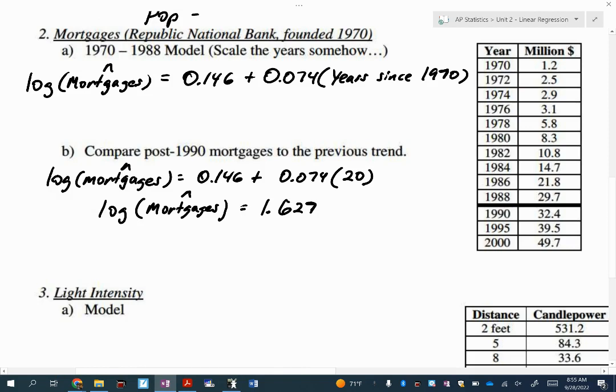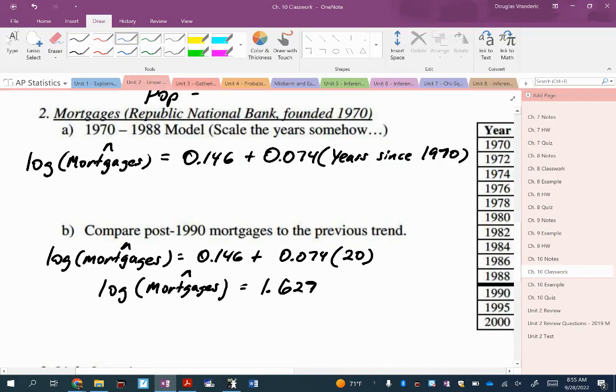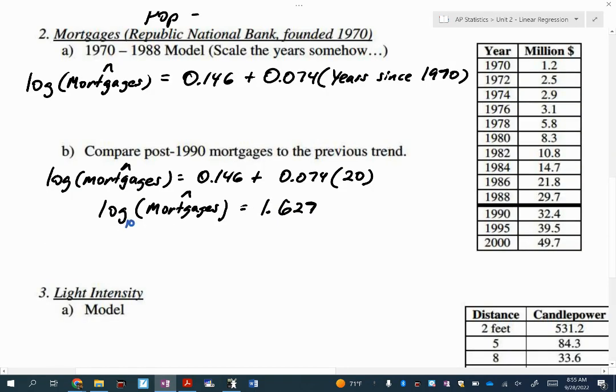So if you remember how to get just mortgages hat by itself, essentially to get rid of the log, we have to, which I'd love to say is we have to swoop. So if this is log base 10 of mortgages equals 1.627, I am going to do 10 to that power is equal to the number of mortgages. So 10 to the 1.627 power equals mortgages hat.